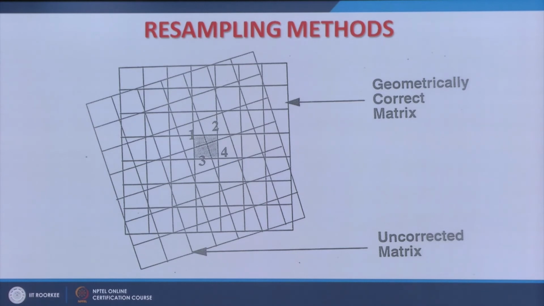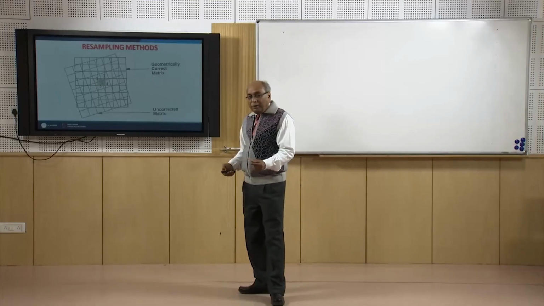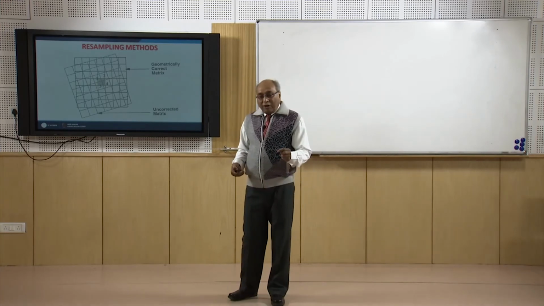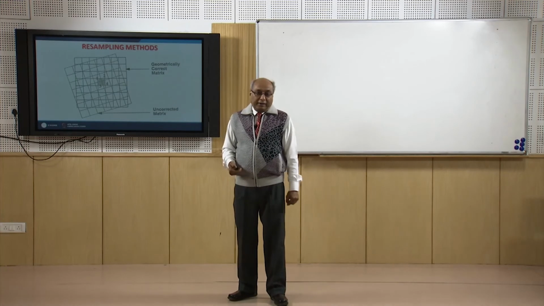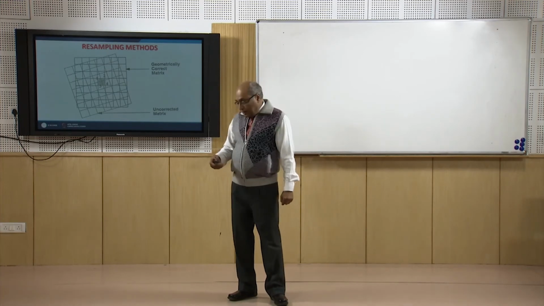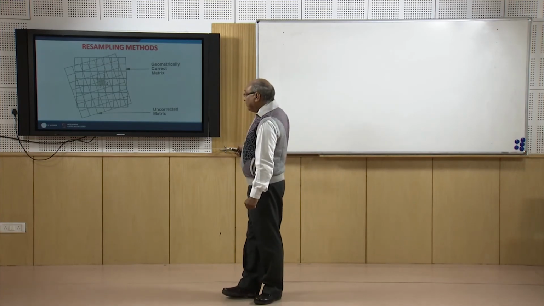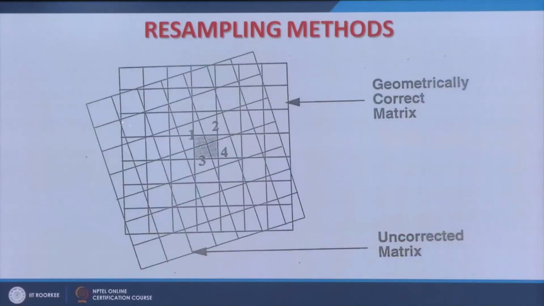So now I can use the weighted average concept and say that the pixel having the maximum overlap will have the maximum weightage while calculating the pixel value of my target pixel, and the pixel having the minimum overlap will have the minimum weight, and therefore less influence on the target pixel.